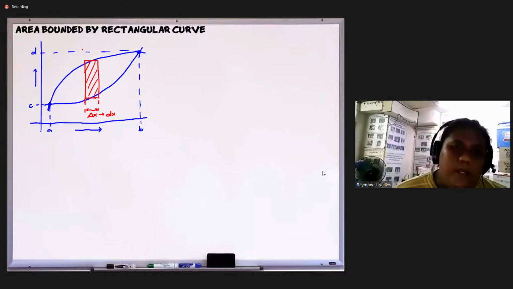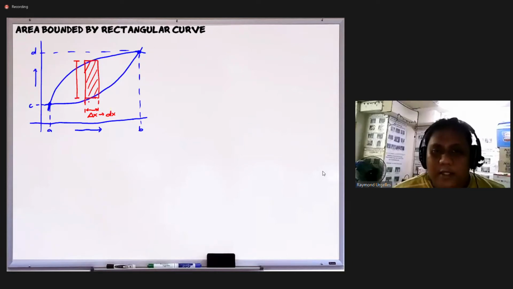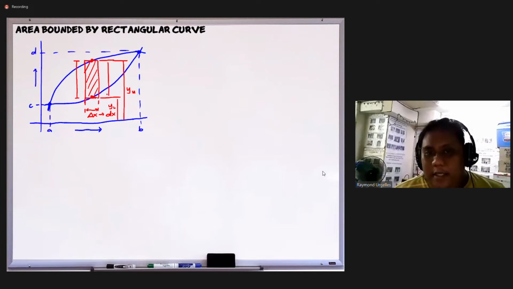As for the height naman ng rectangle natin, if we consider yung point natin sa curve, this is given by y upper, nung upper curve. Then mula dito hanggang doon sa x-axis, this will be y lower. So alam natin, this is simply y upper minus y lower.